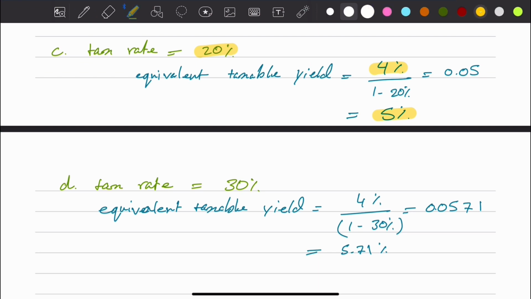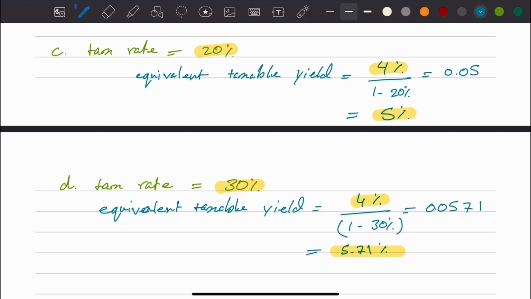If the investor needs to pay 30% taxes, then for him, if he has the option to invest in a municipal bond or a corporate bond, and the municipal bond pays 4%, then the corporate bond needs to yield at least 5.71% to be competitive, or to be considered as an alternative investment.